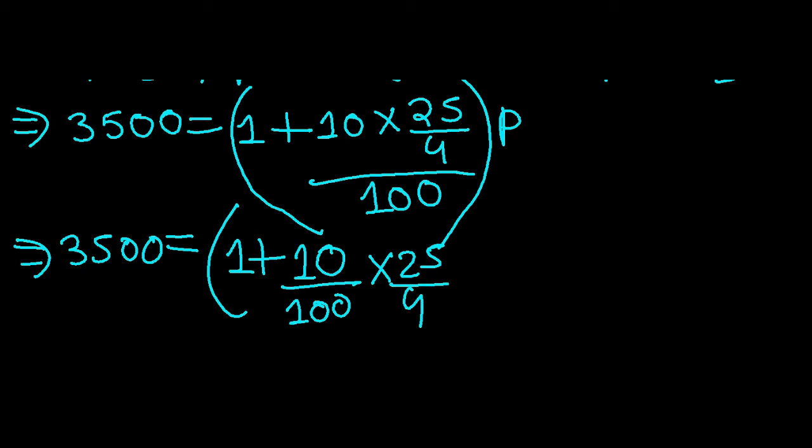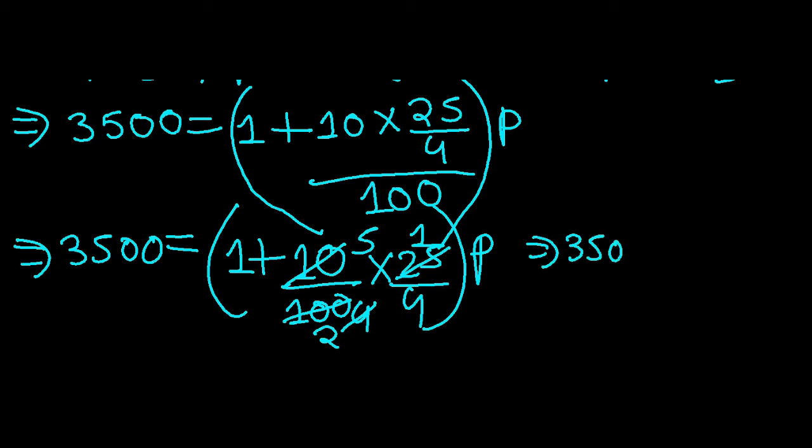And now we will reduce it. 25 ones are 25, 25 fours are 100, and 2 twos are 4, 2 fives are 10, and P here. So let's again solve this sum.